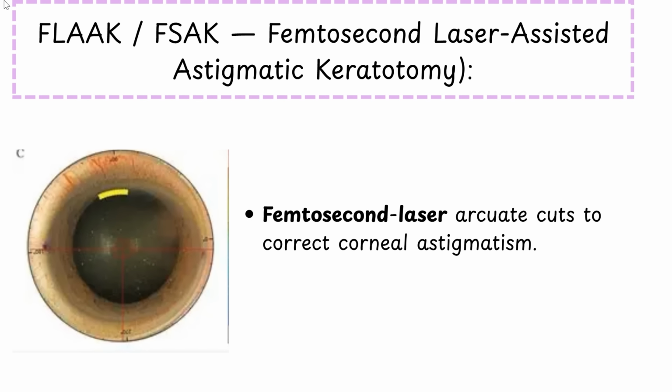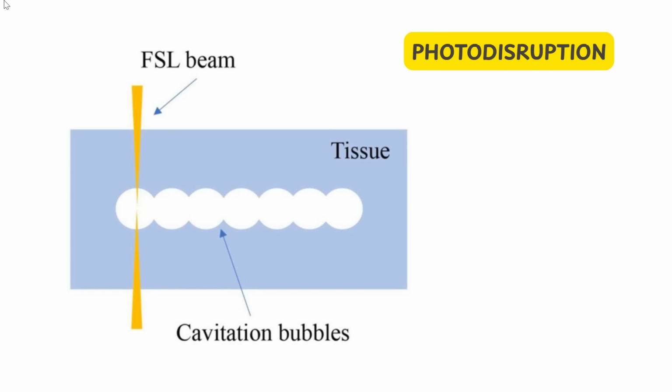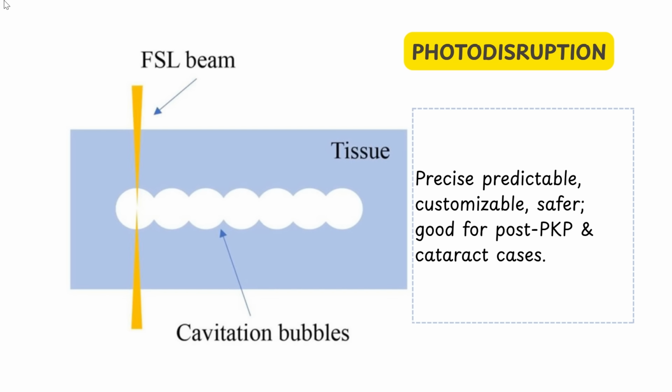Then we also have femtosecond assisted astigmatic keratotomy. The same incisional procedure, whether it is an arcuate keratotomy or a limbal relaxing incision, can also be performed with a femtosecond laser. The femtosecond laser works on the principle of photodisruption, creating precise microcavitation bubbles to form the cut. Compared to manual techniques, the femtosecond laser provides exact control of the depth, precise arc length, accurate angle and centration, and you can also reproduce these results.